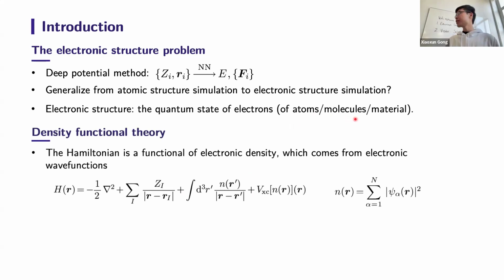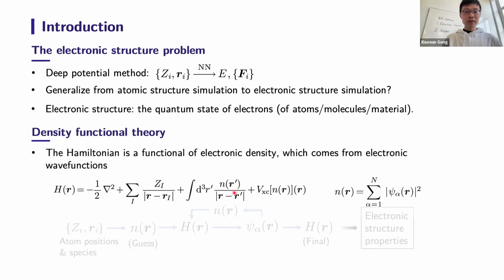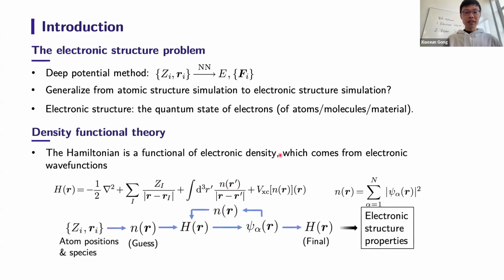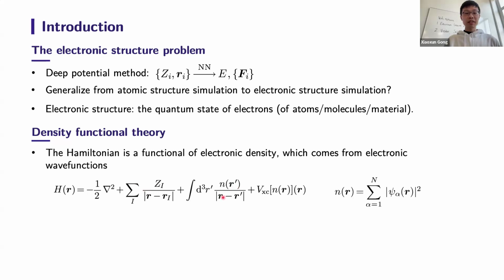Let me give a very brief introduction to density functional theory here. You can understand it as a mean field theory, which maps the many-body Hamiltonian to a single-body Hamiltonian using mean field approximations. The mean field Hamiltonian here is a function of electronic density.